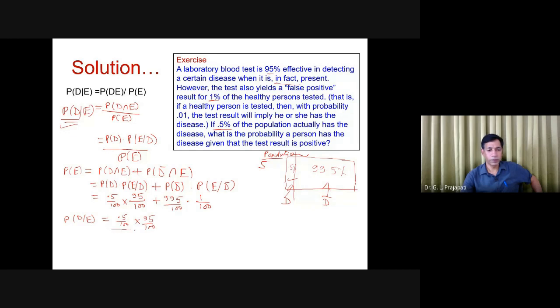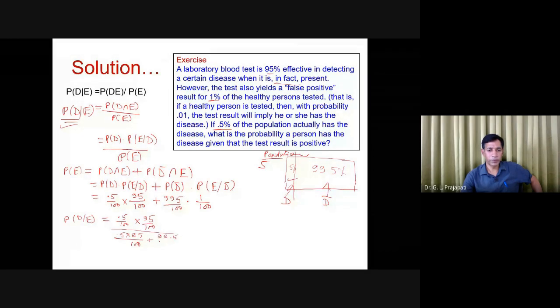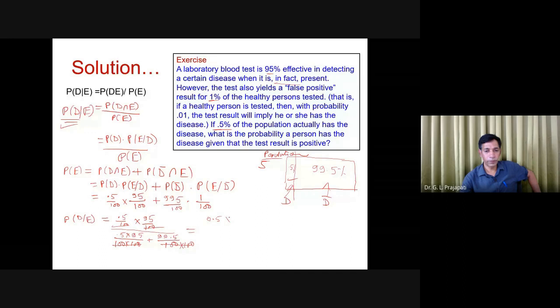Now this total is divided by what? 0.5 multiplied by 95 divided by 100, plus 0.5 divided by 100. Are you getting this? So 5 multiplied by 95, divided by 0.5 multiplied by 95, plus this answer. Now the decimal point, if you remove it, then divided by 10, here also 10 and 10. So you can remove this.